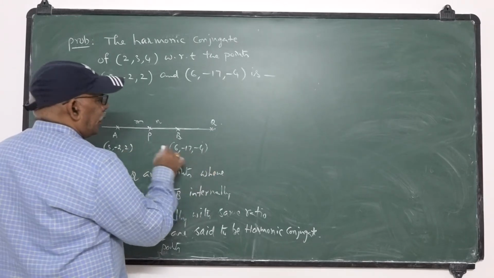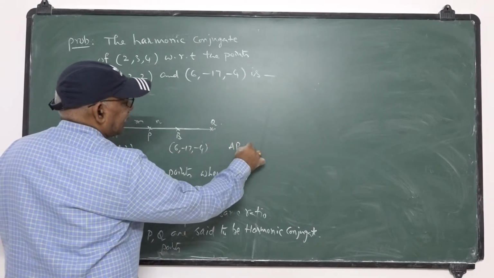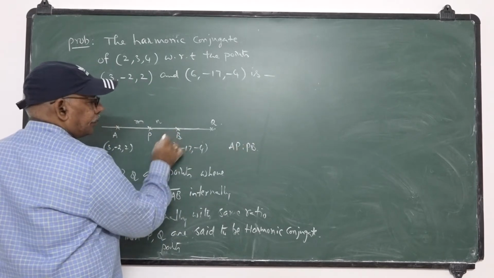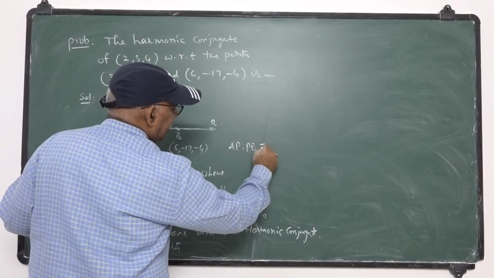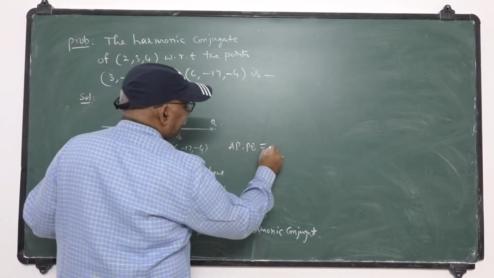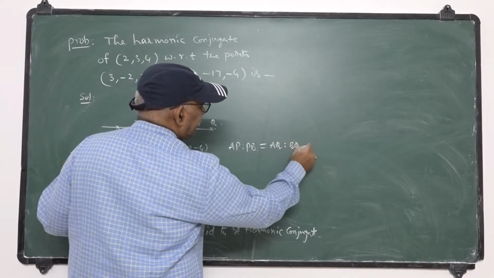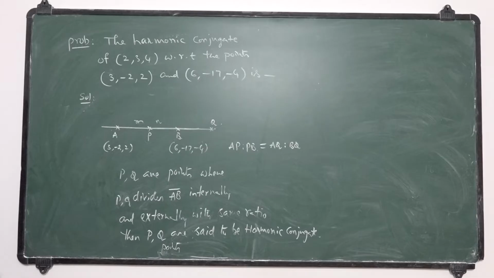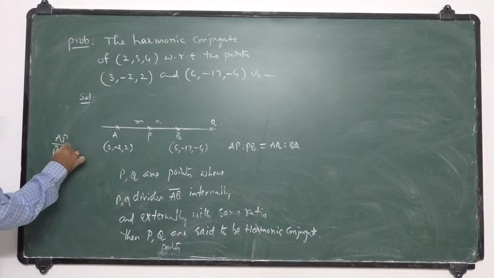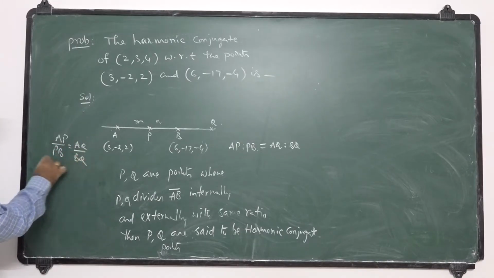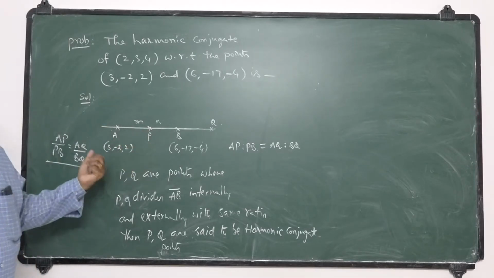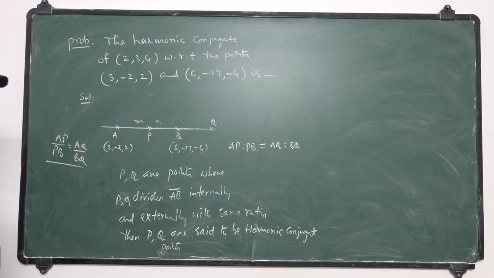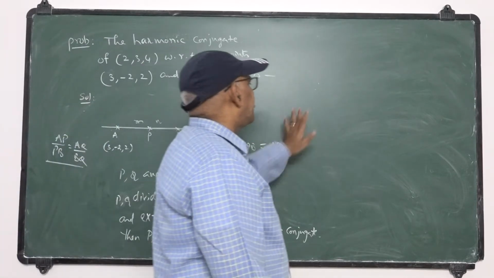So here, as per our figure, AP is to PB, the ratio in which P divides AB, is equal to AQ is to BQ itself. The ratio is the same, they are proportional. That means AP by PB is the same as AQ by BQ. In such case, P and Q are said to be harmonic conjugate points with respect to the points A, B. That is the concept here.